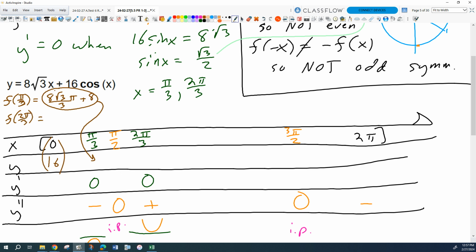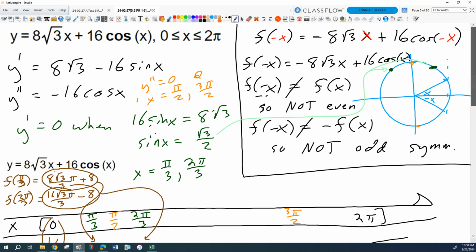This one's going to be 16 square root of 3 pi over 3, plus 16 times negative 1/2, so minus 8. So that's the number that's going right there. Wait, why is it? Oh, for 2/3 pi. Yep. Okay. At pi halves, that'll be an easy one.